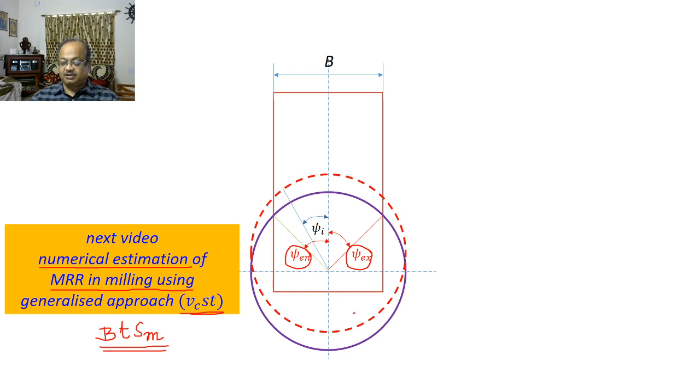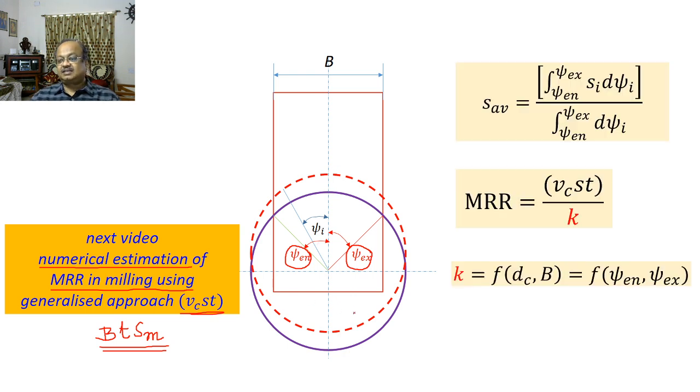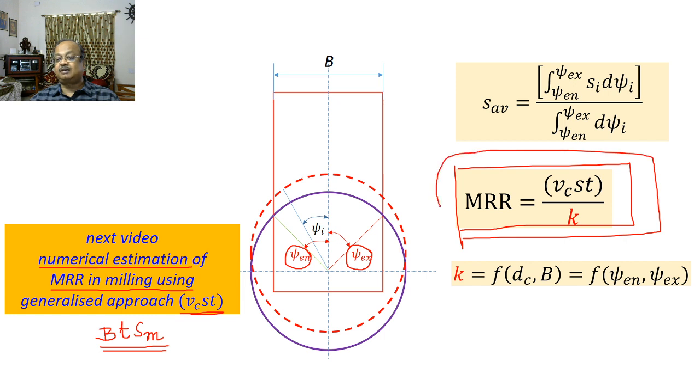So this video will come, and we expect that we will get a value of MRR expression like this. Though we will not go in the analytical domain, we will go in the numerical domain, and we will depict that this approach and this approach give you the same value.